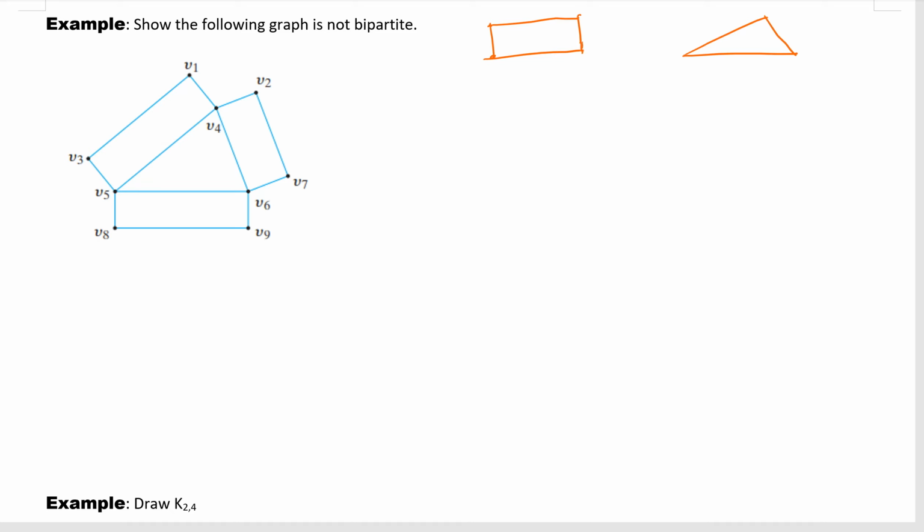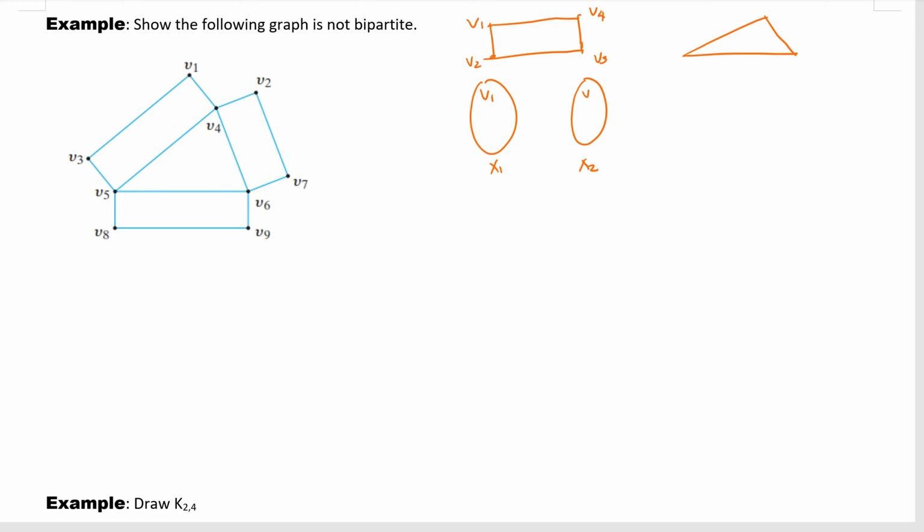When we have a square, rectangle, let's say this is V1, V2, V3, V4 in general. Can this be a biparty graph? We can have V1 in the set x1, so we have x1 and x2, right? We can have V1 in x1, then whatever is connecting to V1 should be in x2.